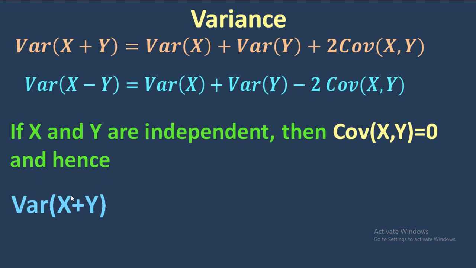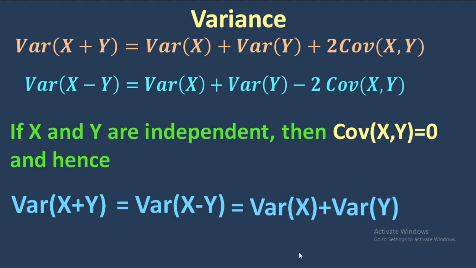For variance of x plus y, the covariance will be equal to 0, so you will have variance of x plus variance of y. For the difference, covariance is 0, same, variance of x plus variance of y. That means variance of x plus y is equal to variance of x minus y is equal to variance of x plus variance of y. That is one of the properties of the variance that we have derived.